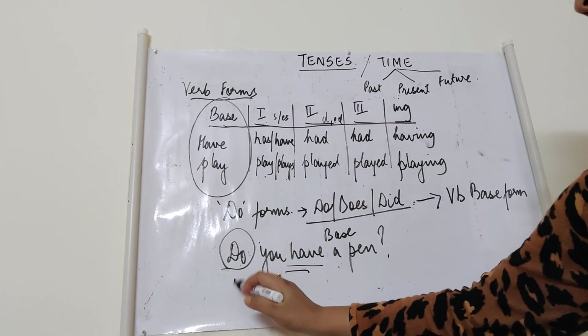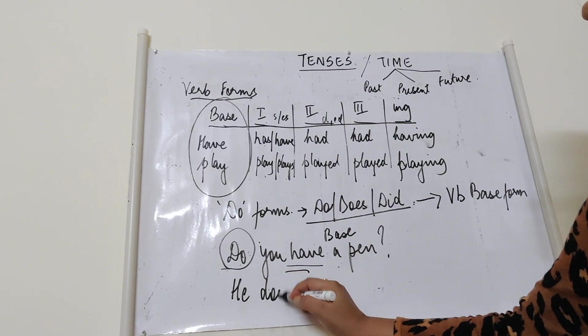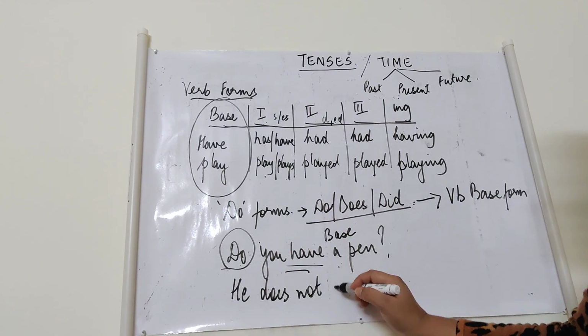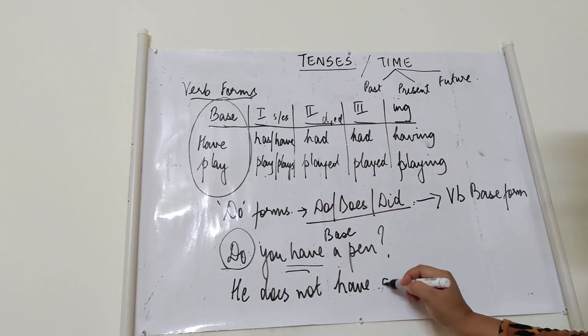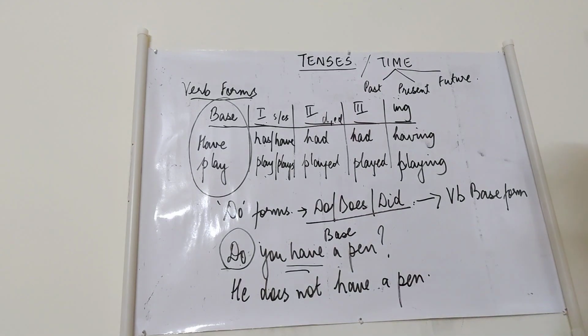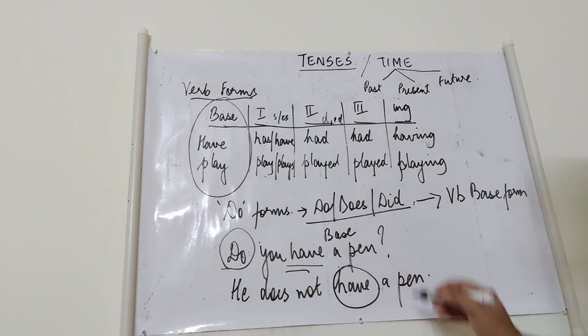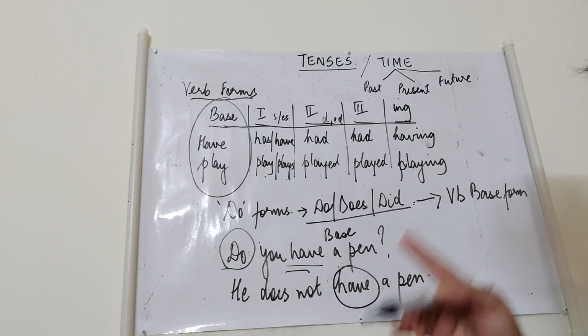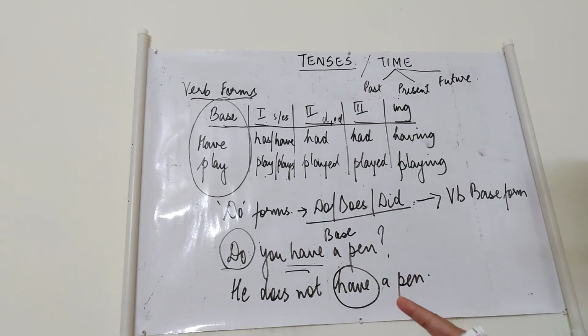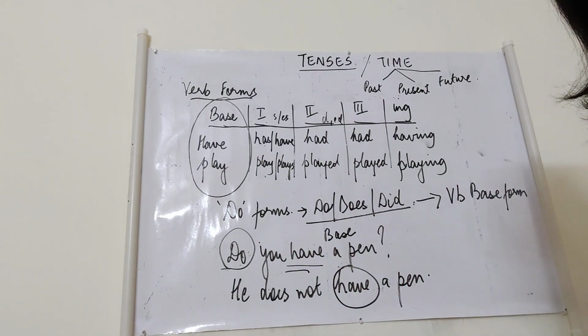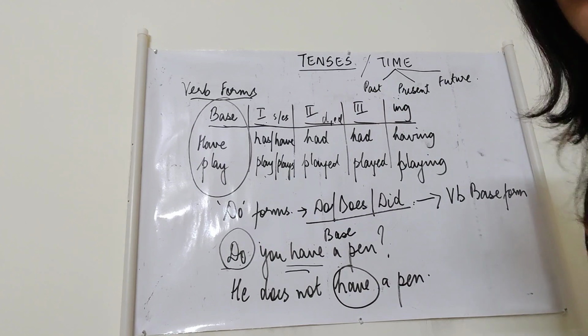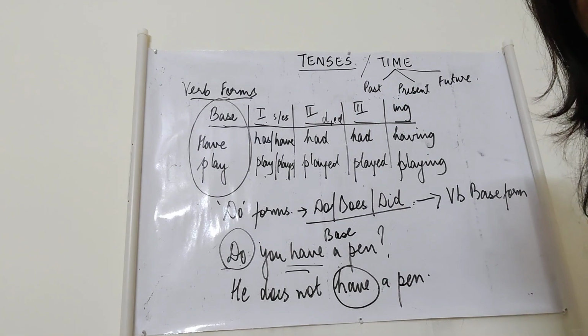Okay, for example, let me give you another example. If I say he does not have a pen. Now the mistake which children generally make is that they write here has. He does not has a pen. That is wrong. Why? Because I'm sure many of you must have heard that song, baby ko base pasand hai, isn't it?